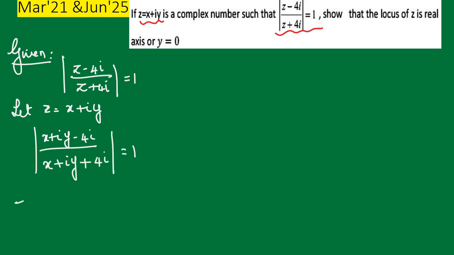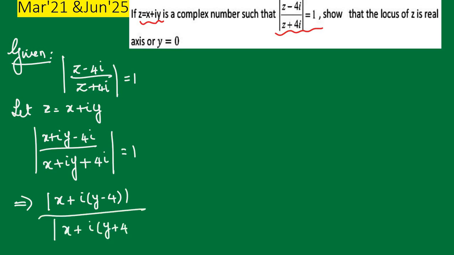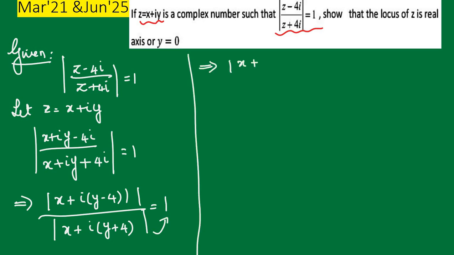Now we can write this as modulus of x plus i into (y minus 4) divided by modulus of x plus i into (y plus 4) is equal to 1. Now taking this term to the right, it can be written as modulus of x plus i into (y minus 4) is equal to modulus of x plus i into (y plus 4).